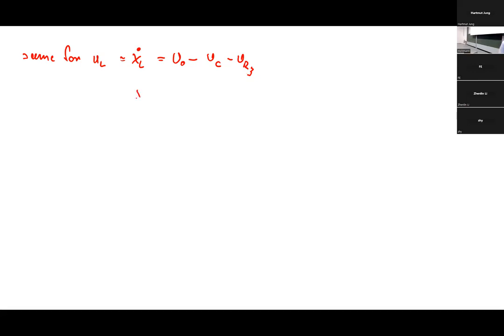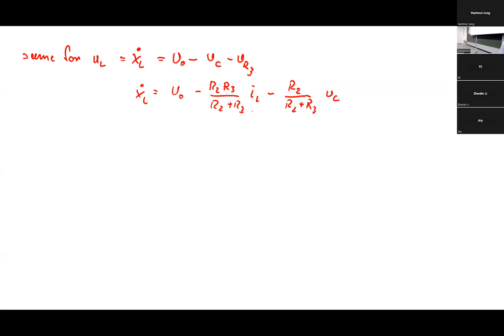So we get xL dot being equal to U0 minus R2 R3 divided by R2 plus R3 times IL minus R2 divided by R2 plus R3 times UC.